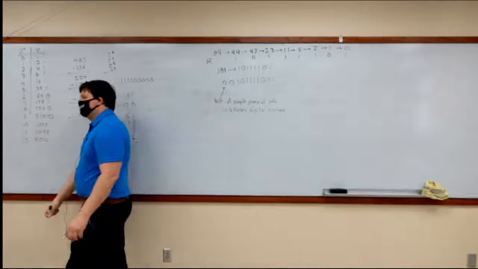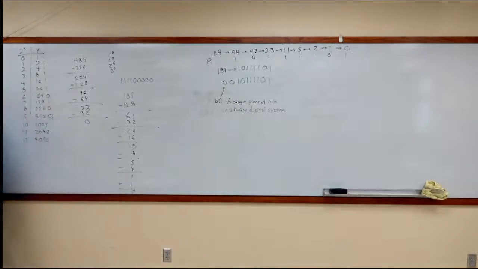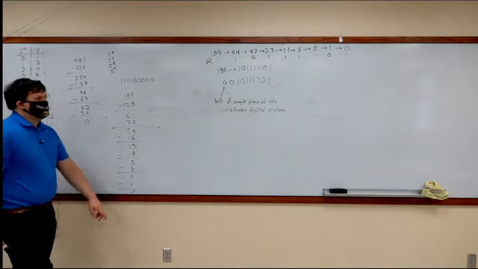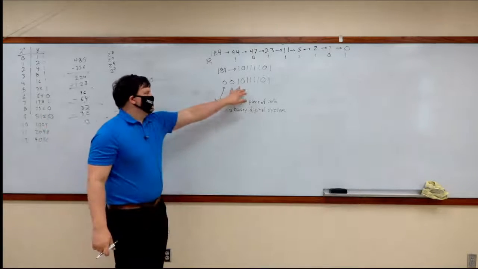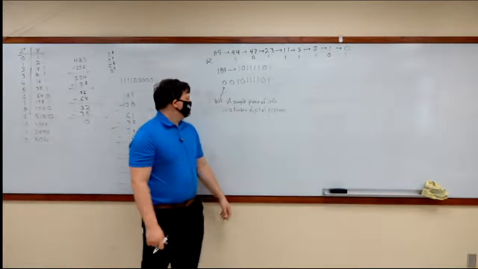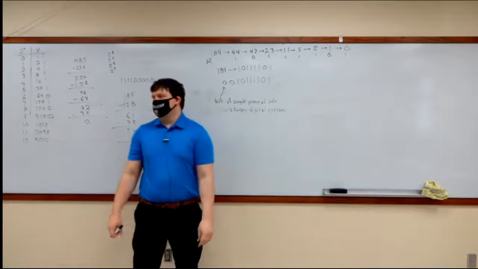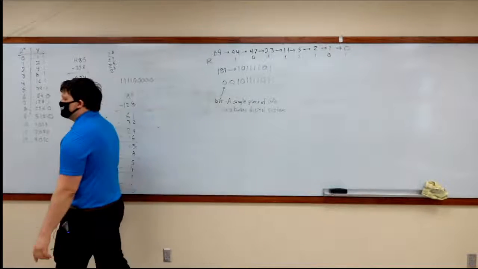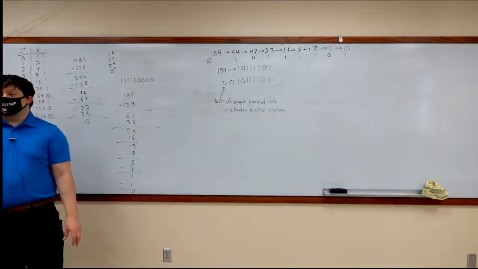Okay, now we talked about the 4 benefits to a digital system over an analog system, right? We're going to talk about one of the major drawbacks to a digital system. This number here is a 10-bit method of representing the number 189.